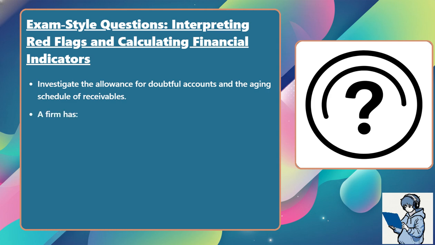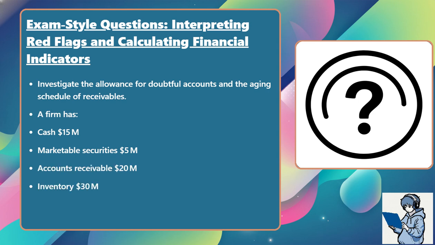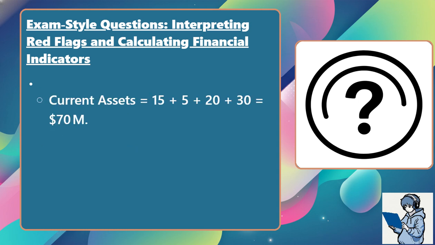A firm has cash $15 million, marketable securities $5 million, accounts receivable $20 million, inventory $30 million, current liabilities $50 million. Compute the current ratio and quick ratio. Current assets equals 15 plus 5 plus 20 plus 30 equals $70 million.